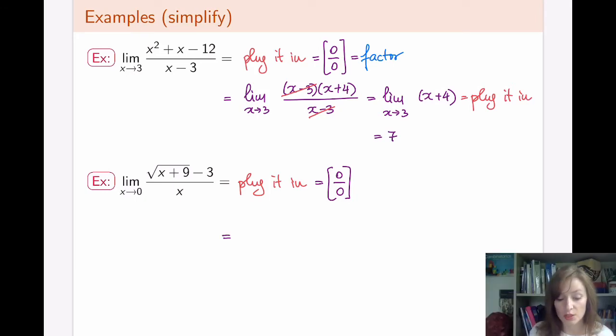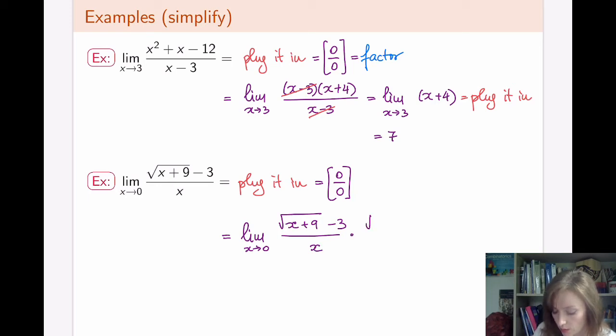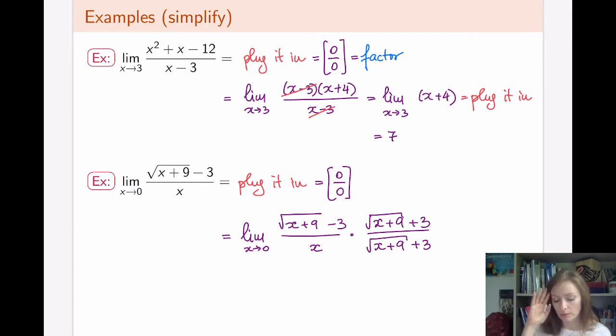So your next expression is actually going to be your original function written out fully. So minus 3 all over x, multiplied and divided, again, so as to not change the actual expression, by the function's conjugate. So the exact same thing, but with the plus in the middle, okay?